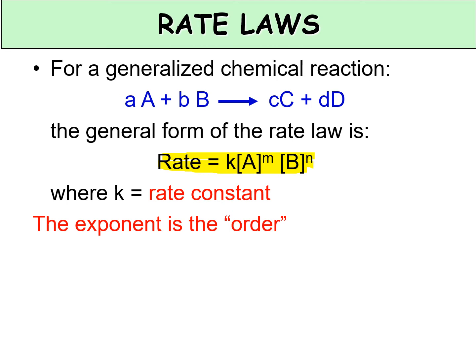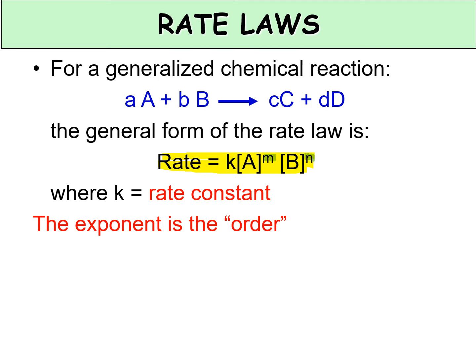So in principle, as a starting theory, we should assume that every species is important and relevant. So I have A and B, I should assume that A and B are both important. How exactly, mathematically speaking, important they are depends on what we have as the exponent here.